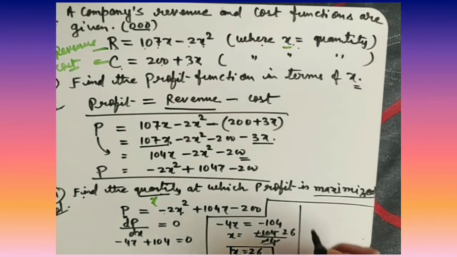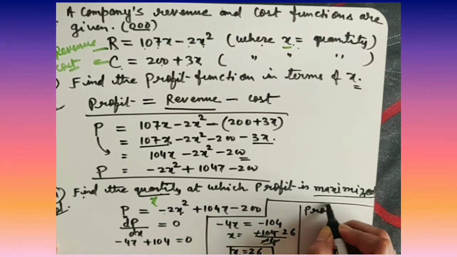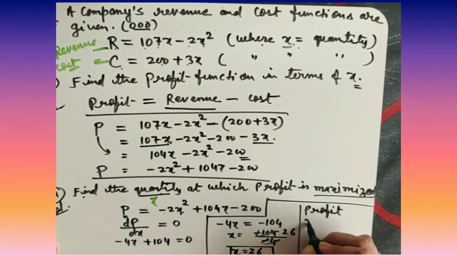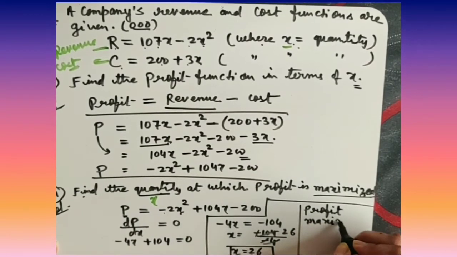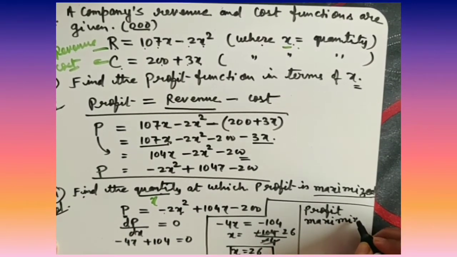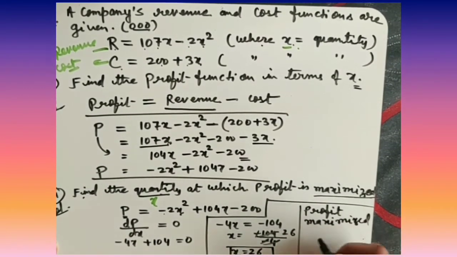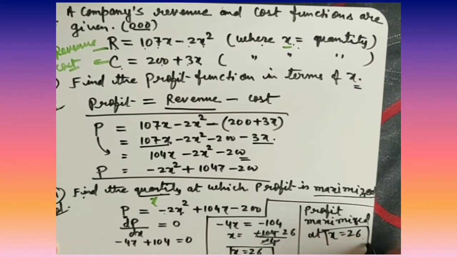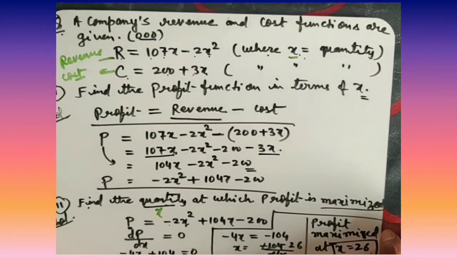Write down here: profit maximized at x equal to 26. So this is the next part of the question.